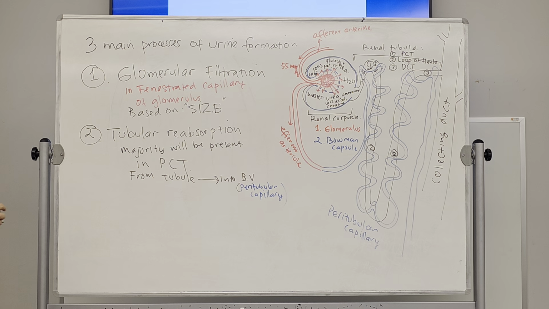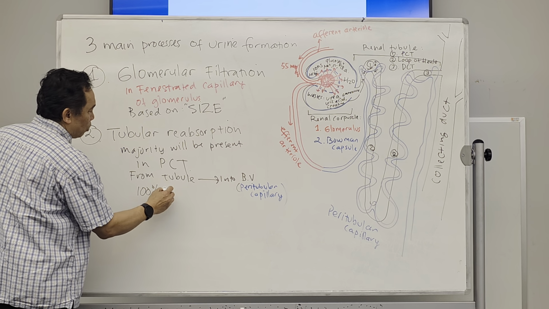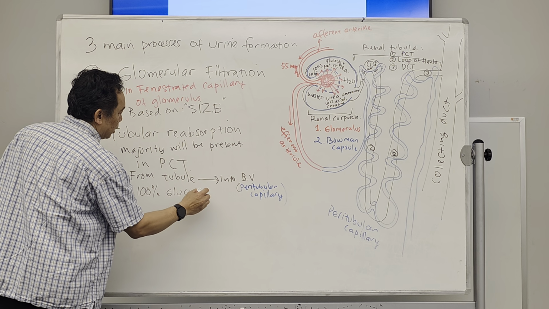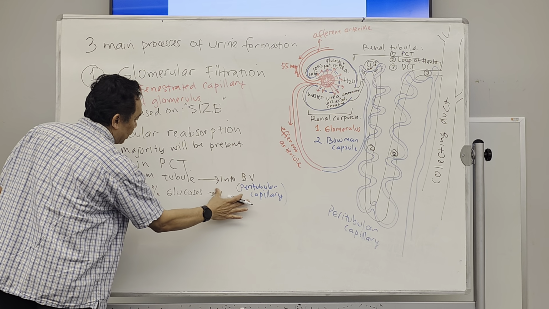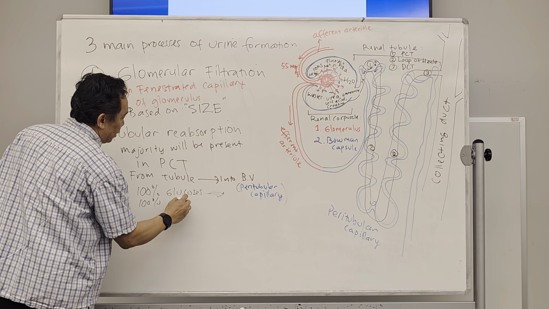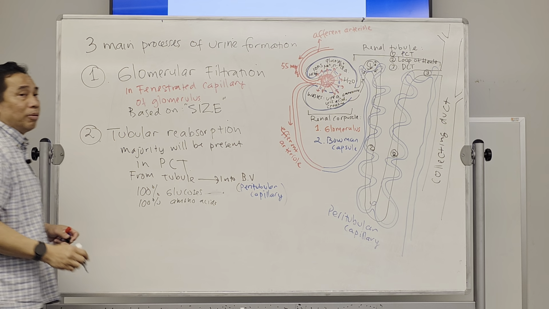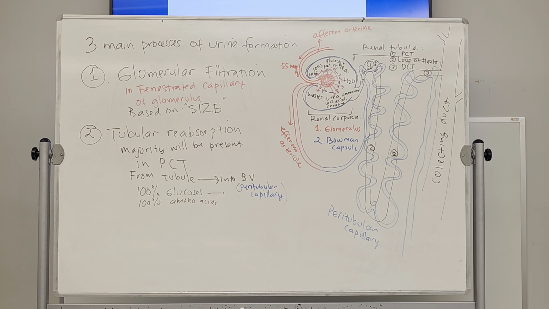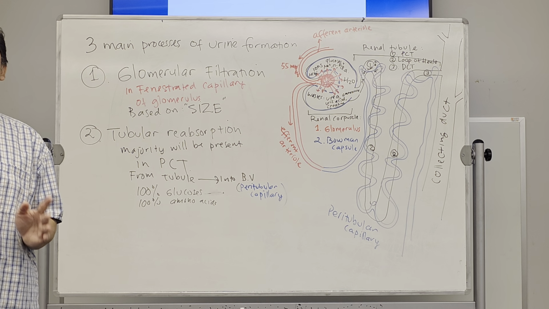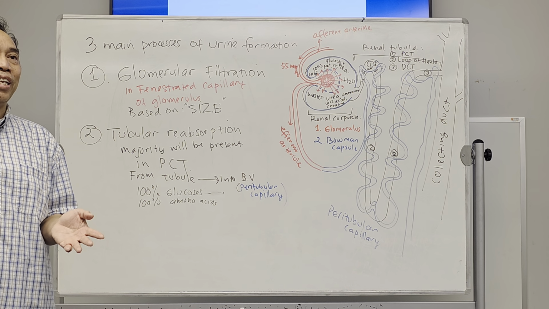So in this PCT, 100% of glucose and 100% of amino acid will be reabsorbed. What does that mean? It means that there should be no glucose and amino acid present in our urine.